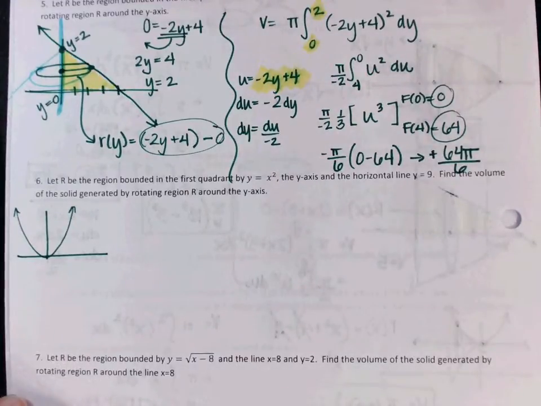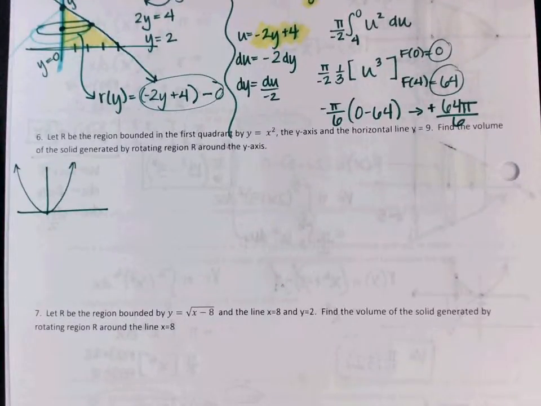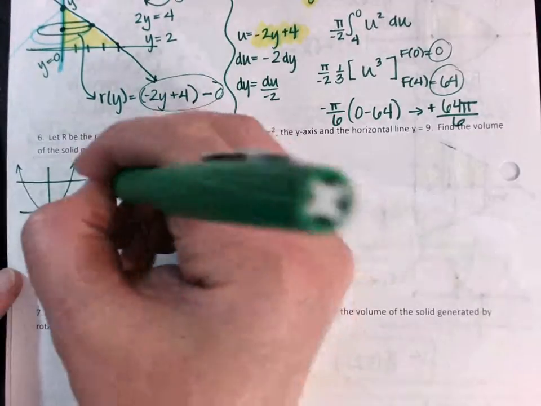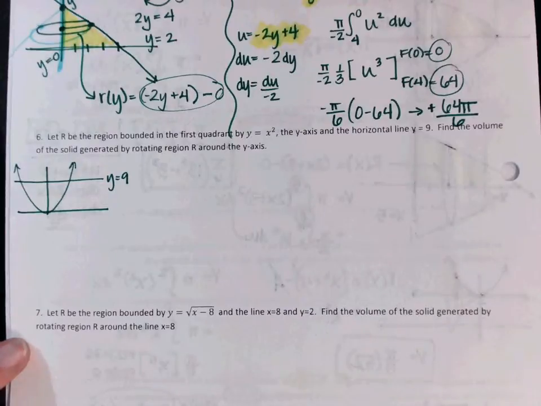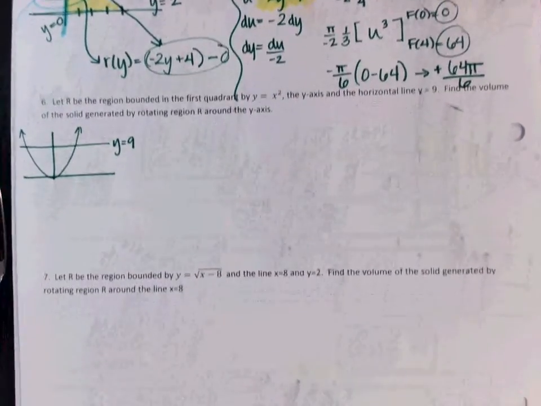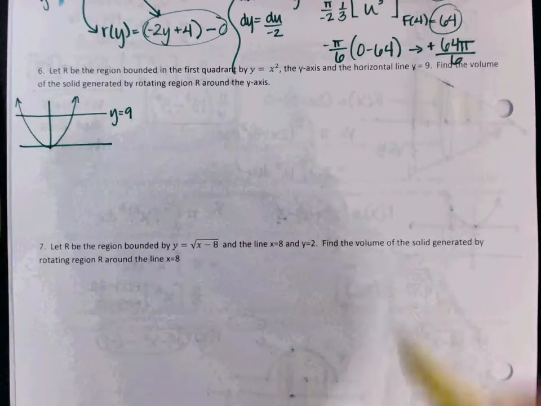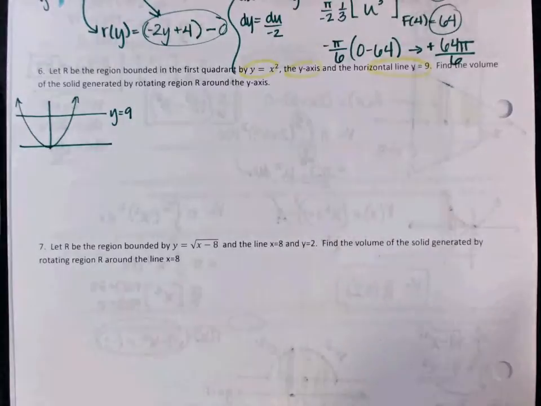Okay? So take a look at number 6. We want y equals x squared, the y-axis, and y equals 9. Okay, then it says find the volume by rotating region R around the y-axis. Now keep in mind that if the y-axis is a side, am I shading the whole parabola-y thing?